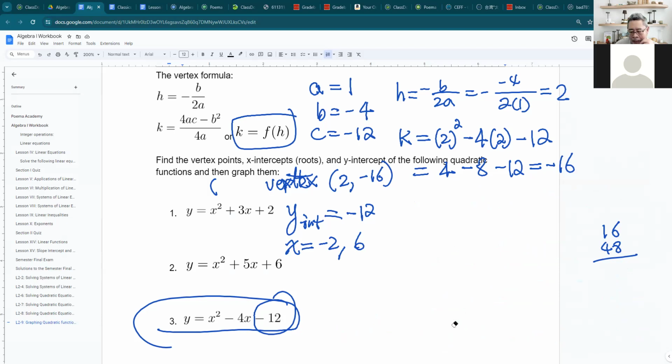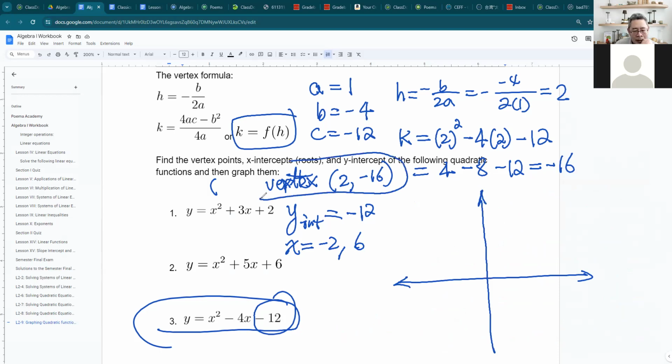And if you want to graph it, first of all, our vertex is 2, negative 16.